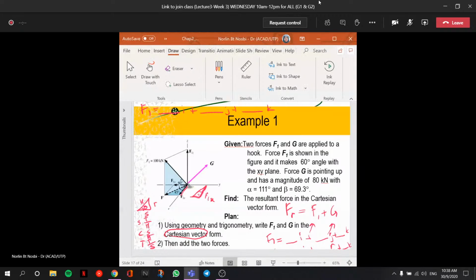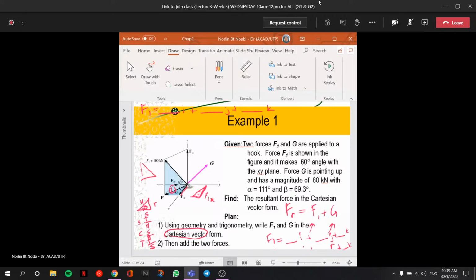So the angle would be like this, right? Okay, F1 is 100, so you can find the value at the bottom here.